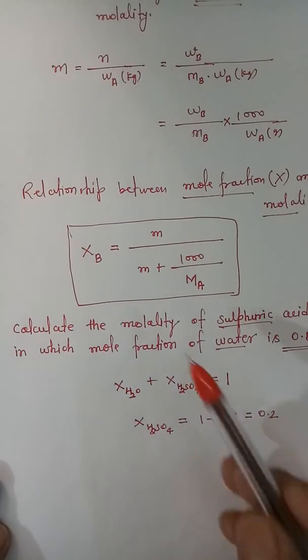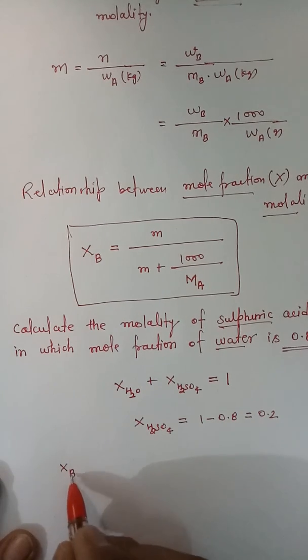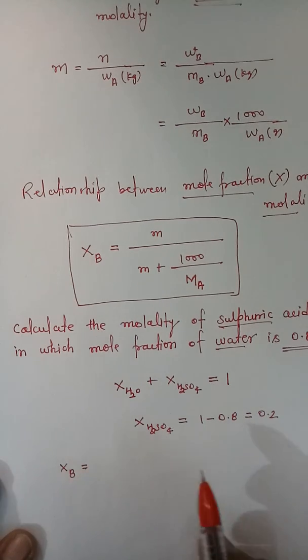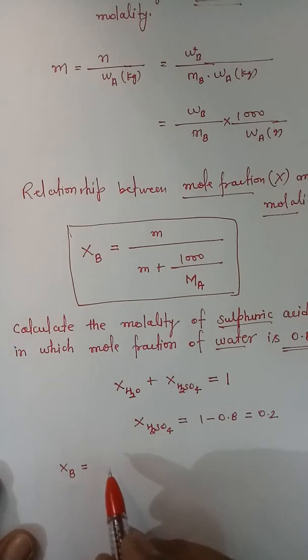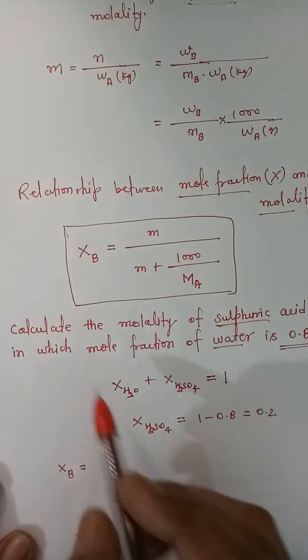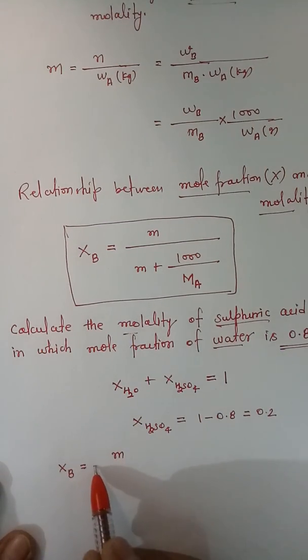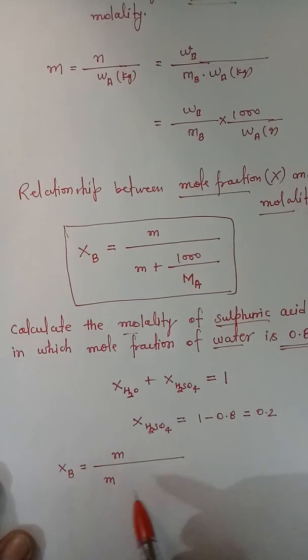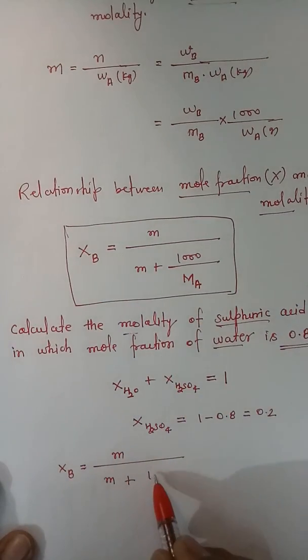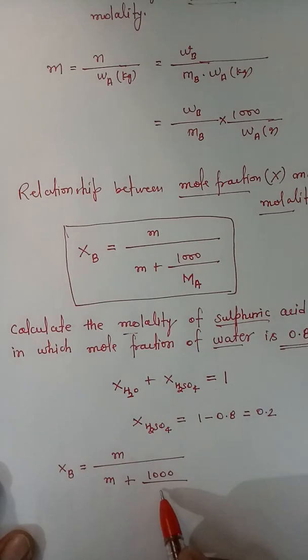So now we can apply this formula. Mole fraction of solute, that means Xb, equals molality upon molality plus 1000 upon molar mass of water. In this question we have to find the molality. We know the molar mass of water, that is 18.